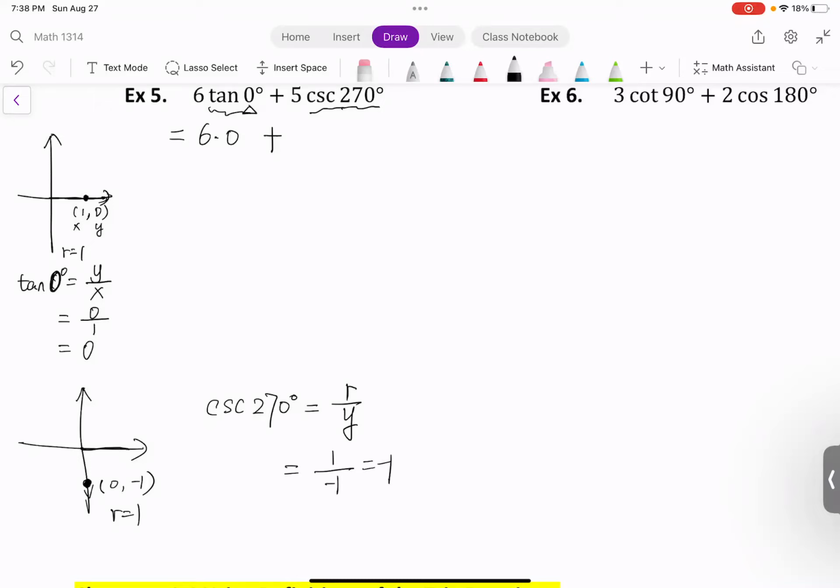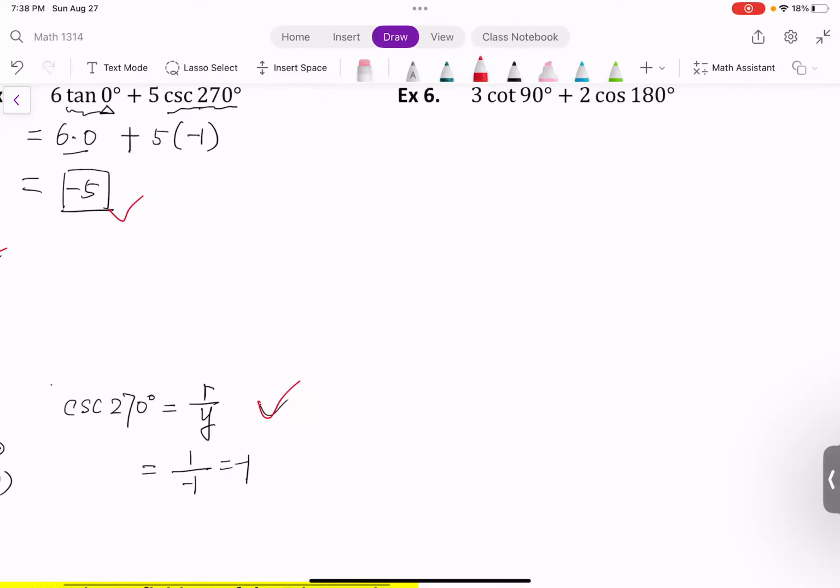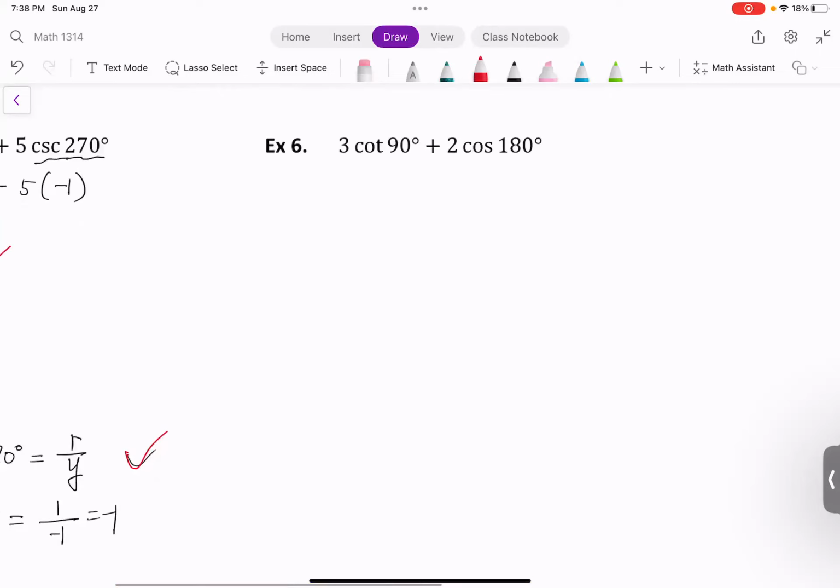Okay, so put the -1 in my expression. So I'm having 0, 5 times -1, -5. So this is a solution, -5. And you don't need to show me this part or this part, but if you didn't get the correct solution, you can get partial credit for your steps. All right, let's see number 6.